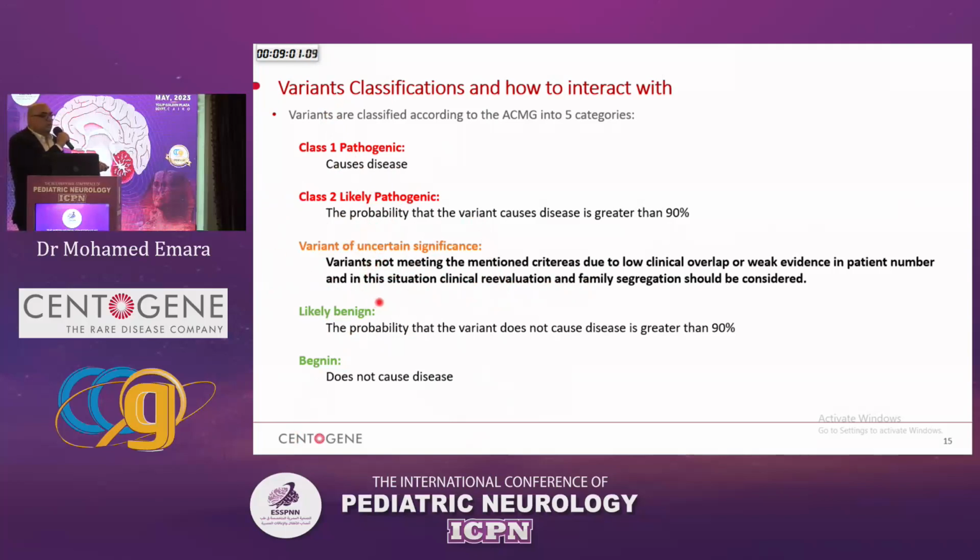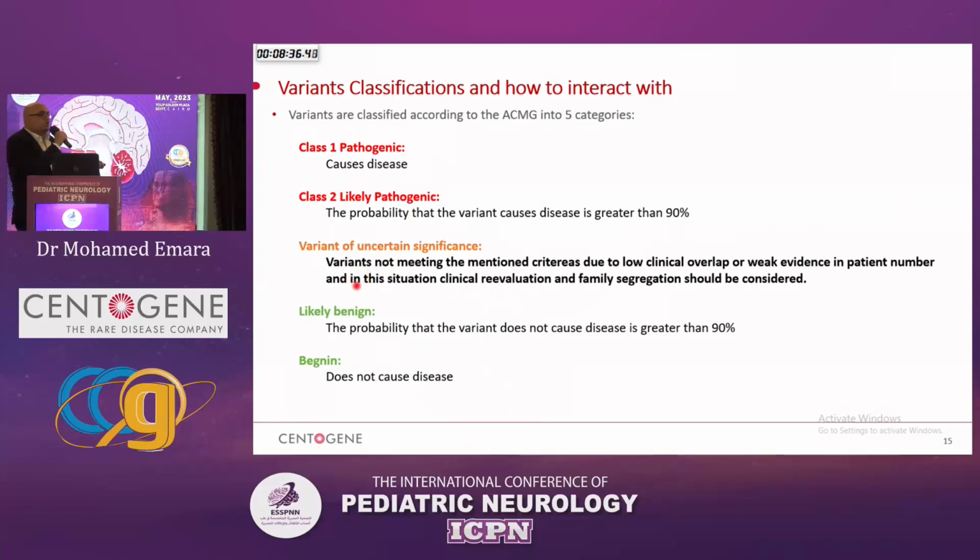In this situation, we recommend first to segregate the parents in order to know whether this variant is inherited from the parents or not. Second is to clinically re-evaluate the patient. Upon the clinical re-evaluation, we can see whether the variant overlaps with the phenotype or not.